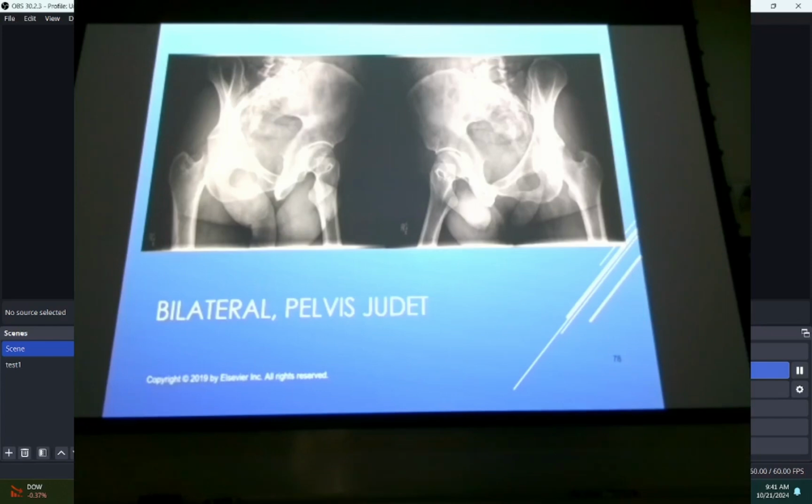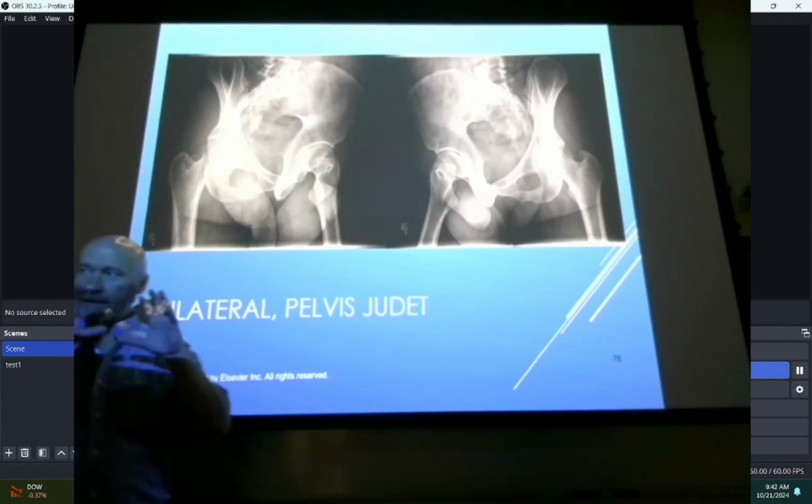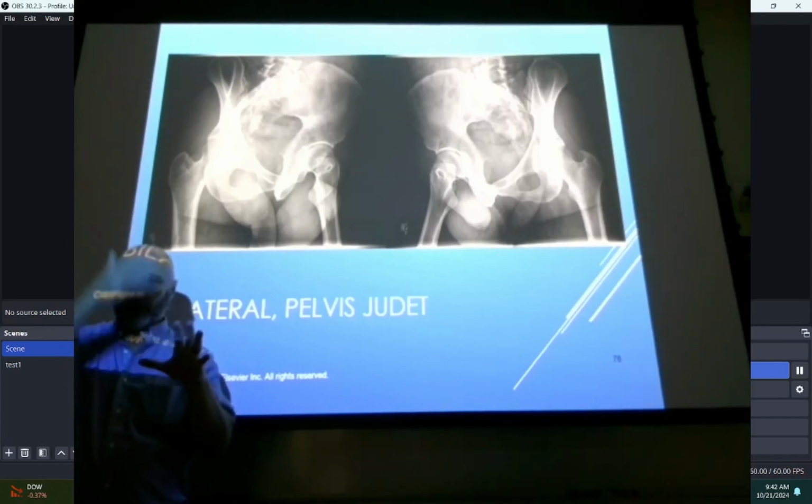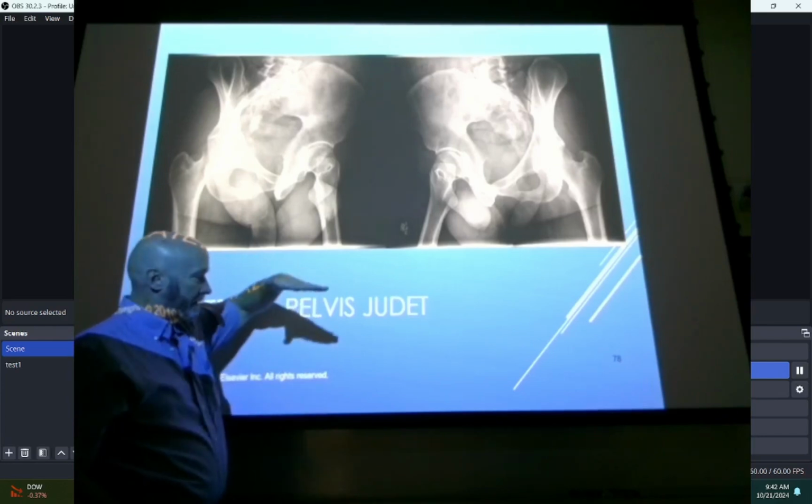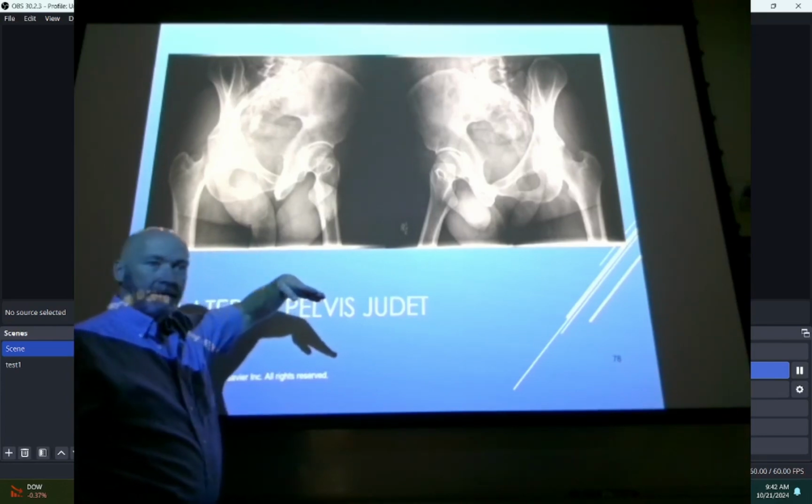If you flip over to page 416, you see the inlet method, and it's a Bridgman method. In this case, we're going to angle the central ray 40 degrees caudad to the level of ASIS. So you don't get AP and lateral, but you get an inferior superior that kind of straightens them out, and then you get a superior inferior that makes them, instead of like this, like that.